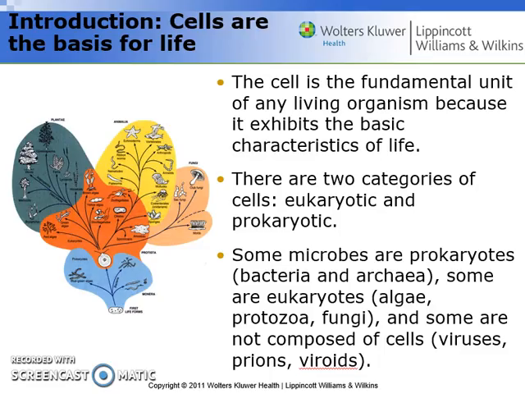So let's talk about cells as being the basis for life. Remember, the cell is the key unit of any living organism. It's the smallest unit of life and is going to express the basic characteristics that you need in order to have life.